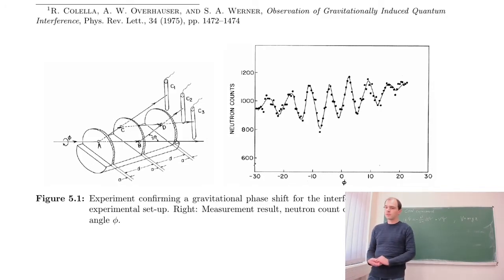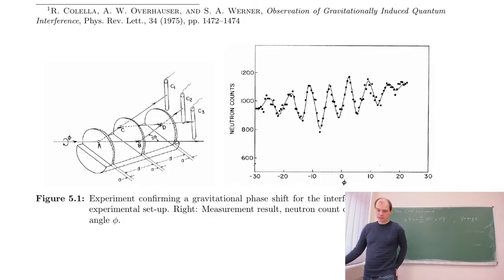It was an experiment conducted with neutrons. So you have neutrons going through an interferometer. The interferometer was just cut out of a single crystal, a block of the size of about 10 centimeters, is what you see here on the left.